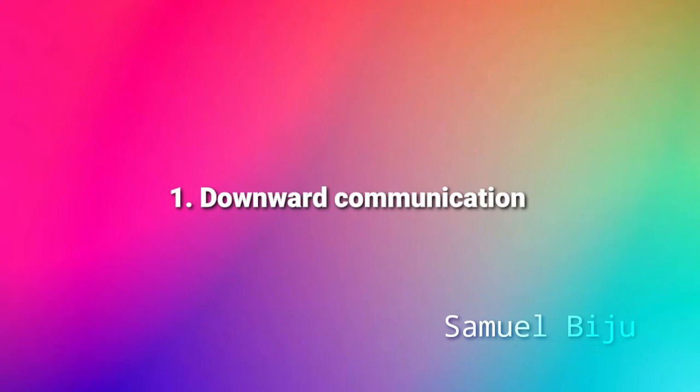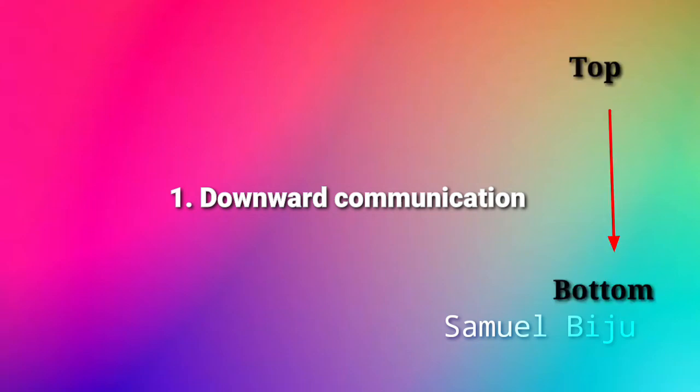So let's talk about the first communication, downward communication. Nowadays, most organizations follow downward communication due to the hierarchical nature of organizations, where all communication basically and naturally flows from top to bottom. It is a communication that comes from superiors to subordinates.